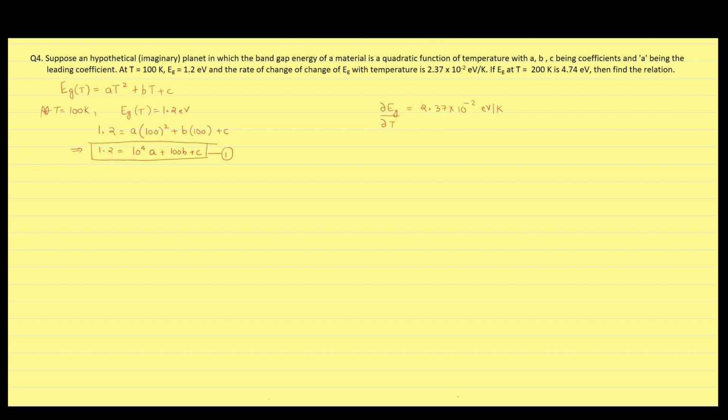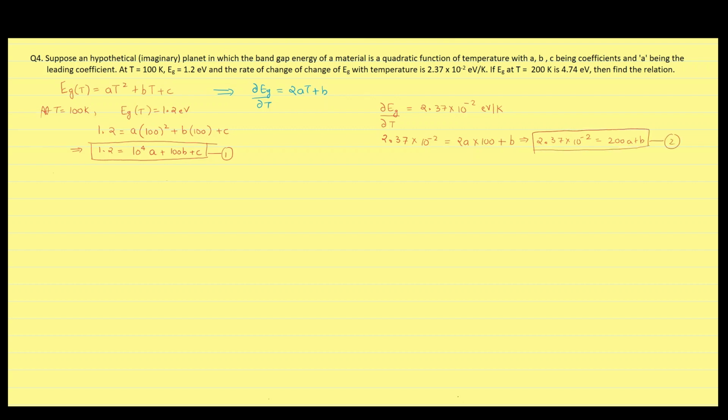We have taken the band gap relation as A T square plus BT plus C, and differentiating it with respect to temperature, we will get 2AT plus B. Now, after putting the value of T equal to 100, we will find another relation which will be like this. Let this equation be second.